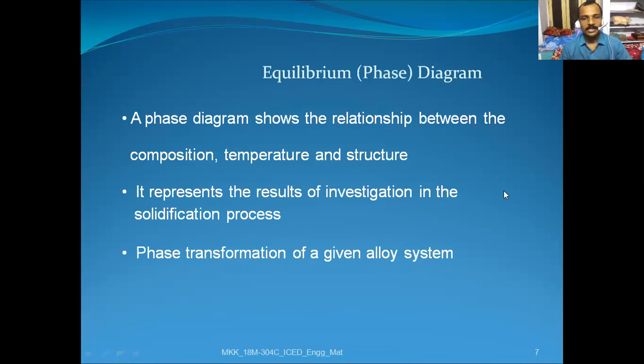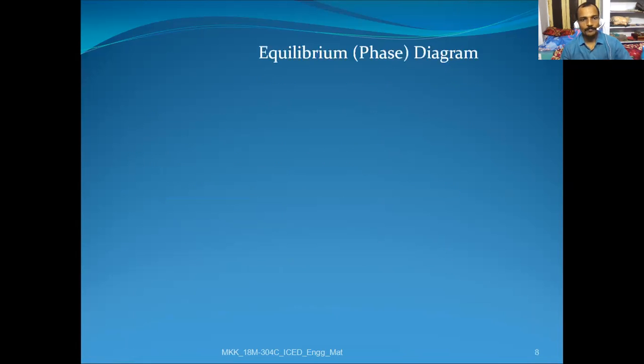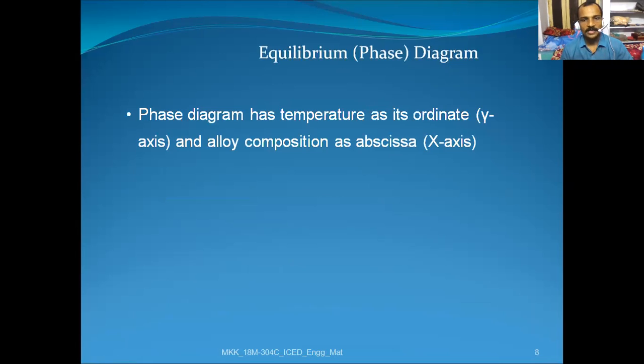Not only that, it represents the results of investigation throughout the solidification process. It also gives the information of phase transformation at different points. So in a phase diagram, alloy composition is taken on the x-axis and temperature on the y-axis.